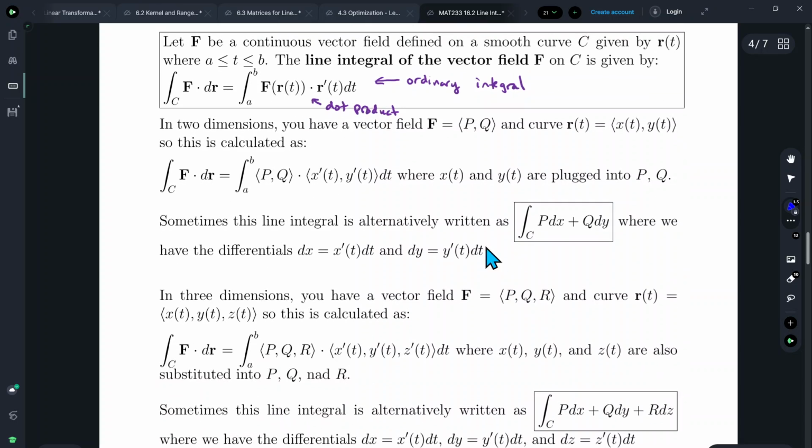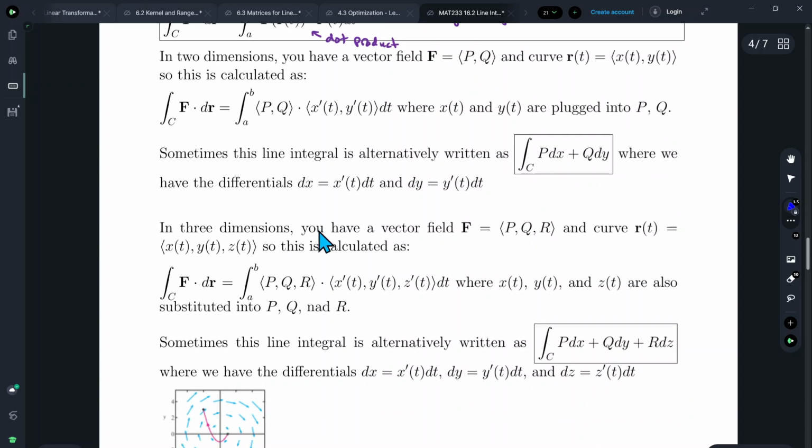That's a line integral for a two-dimensional vector field. For a three-dimensional vector field, it's very similar, except the vector field F will have three components, P, Q, and R. Your curve is in three dimensions now, so you have x, y, and z components, but the setup for the calculation follows a similar procedure.